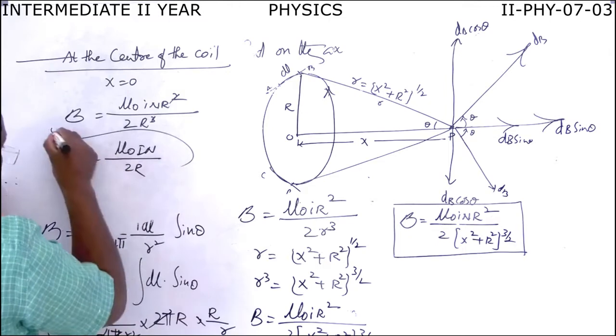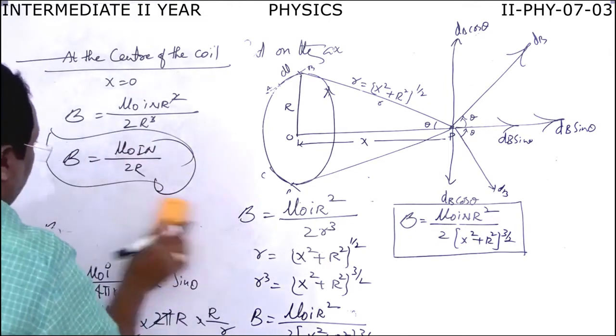So that is the magnetic field at the center of the current carrying coil.